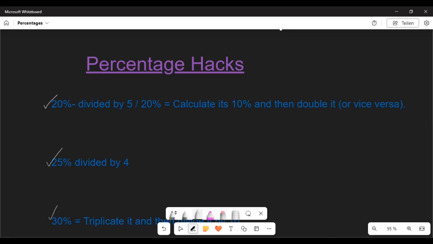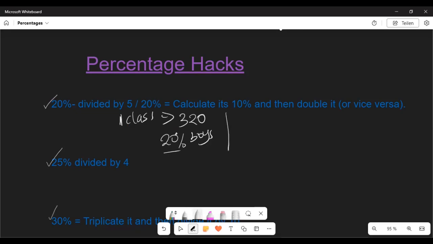So suppose someone tells you, in one class we've got 320 students, and 20% are boys. And then the question would be, how many boys are there actually?